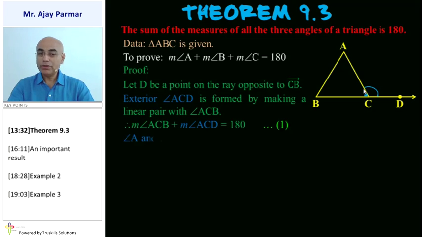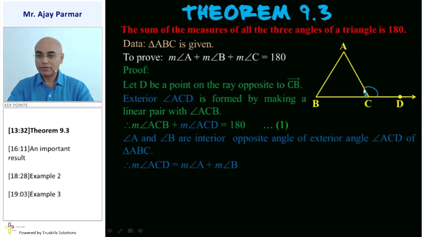Also we know that angle A and angle B are the interior opposite angles for angle ACD, and therefore measure angle ACD would be nothing but the sum of measure angle A and measure angle B. Let us remember this as statement number 2.